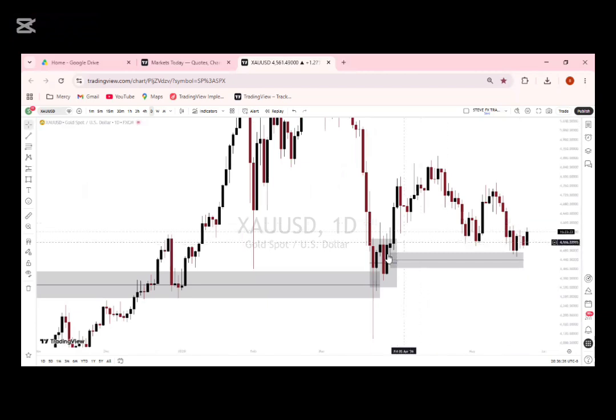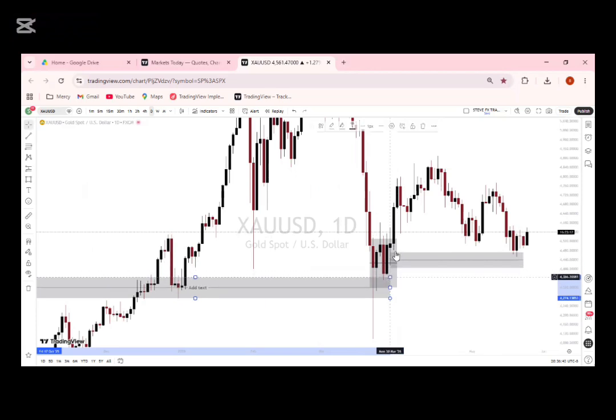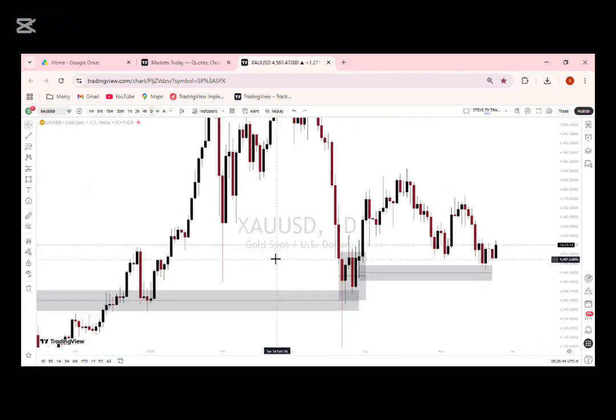This becomes our point of interest that we are going to be observing, because this zone is too wide or too big for us to consider trading from.